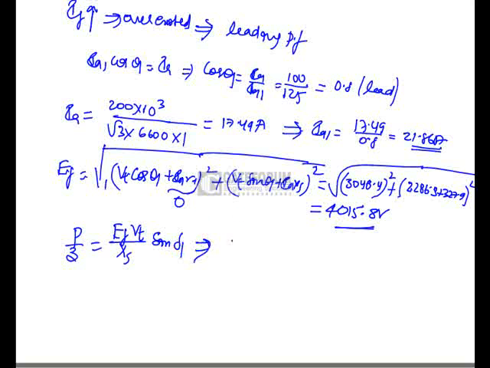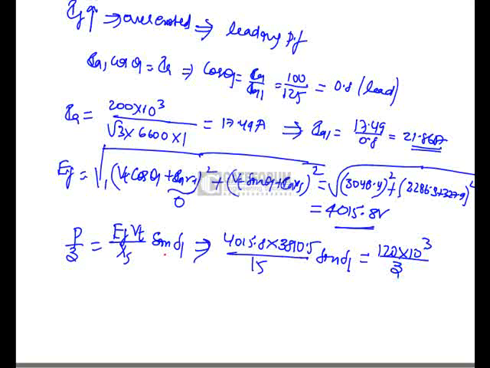EF is 4015.8 into Vt, which is 6.6 kilovolts divided by root 3, that is 3810.5, divided by XS into sin delta 1, equal to 120 kilowatt divided by 3, since power is reduced by 40%: 200 into 0.6 is 120 kilowatt. From this we can calculate sin delta 1 as 0.0392.